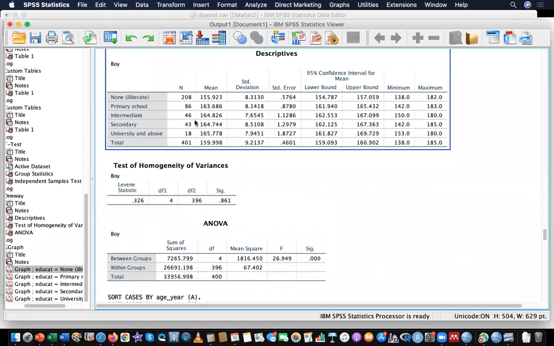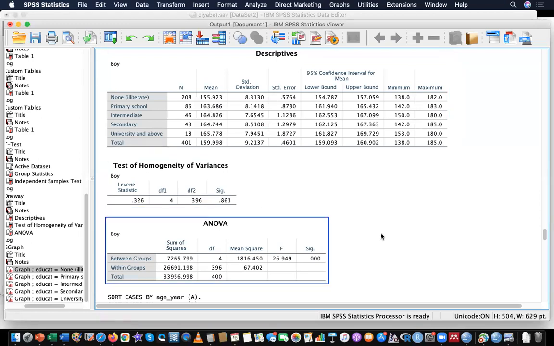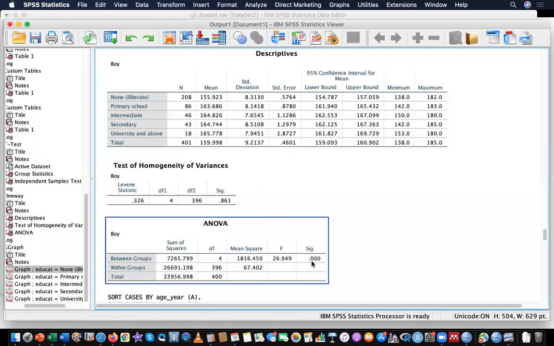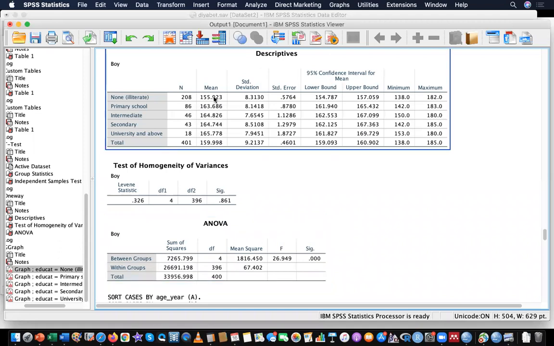If I would have conducted several independent samples t-tests, I would have 10 or more p-values, and that would increase, of course, my alpha error. The advantage of ANOVA is it is giving you only one p-value. But still, if you have a significant ANOVA outcome, then you may ask, okay, there is a significant difference between these groups, but which one is different?